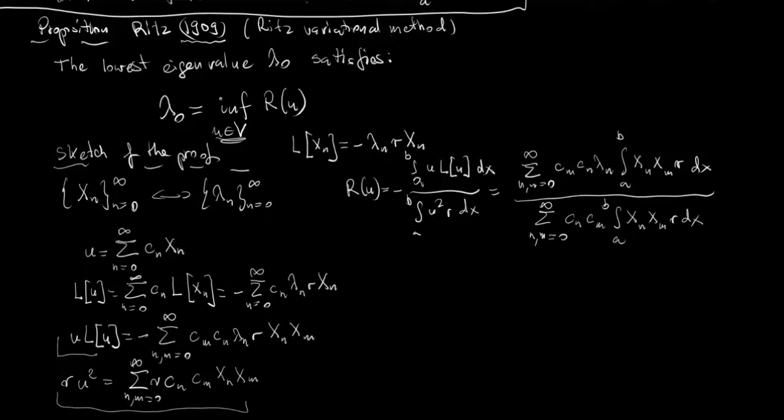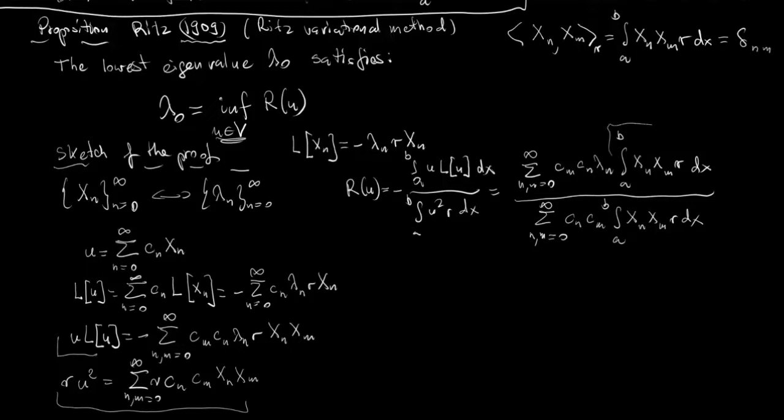But now we know that x_n and x_m are orthonormal in the inner product, the integral from a to b of x_n x_m r dx, and because they are orthonormal there's just a Kronecker delta here.